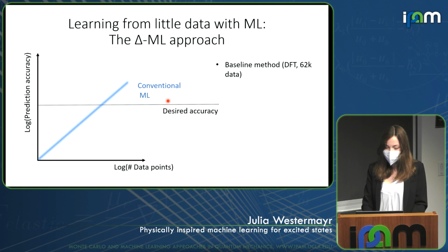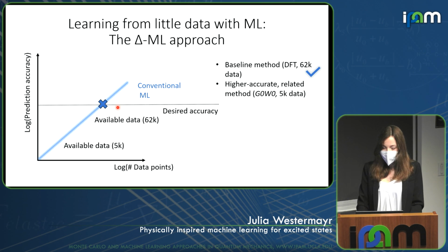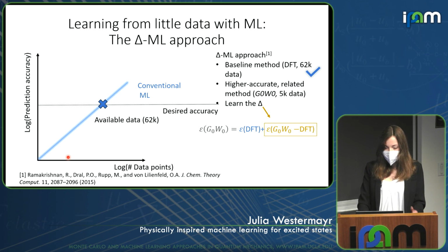And if we have a conventional machine learning model, like with 62,000 data points, we get to that desired accuracy. But now if we have 5,000 data points, the accuracy drops. And this is problematic because we want to have accurate GW values. So we don't have enough data. And we can overcome this problem by learning the difference between GW and DFT.